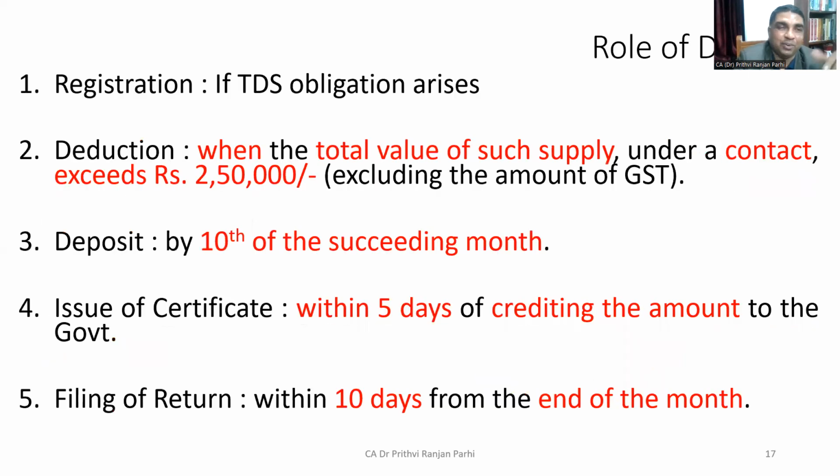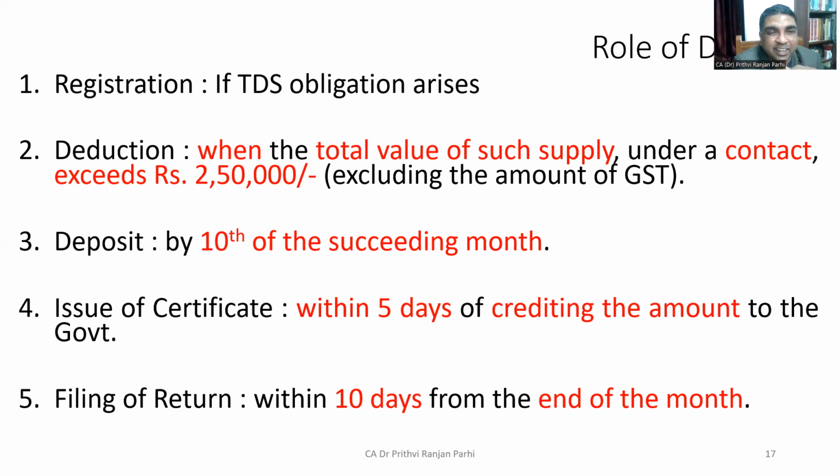Okay. Now, finally, let us summarize the role and responsibility of the DDOs with reference to TDS under GST law. First of all, DDOs are responsible for registration. If TDS liability arises, they have to get themselves registered using their PAN or TAN as the case may be. Then whenever a contract value exceeds 2,50,000 and TDS is applicable, DDOs are responsible to deduct tax at source.